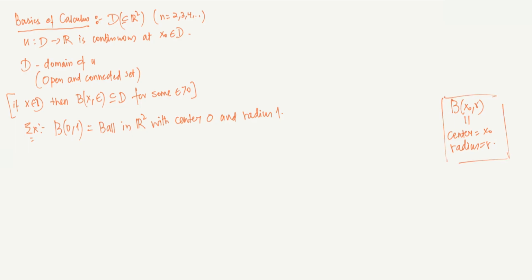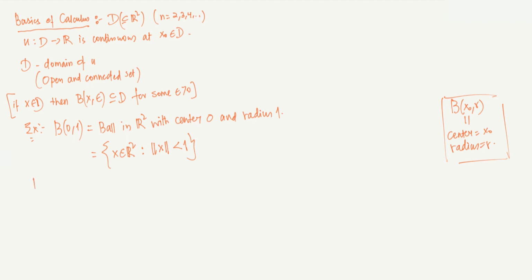Now see this ball. If I want to put it properly in mathematical terms, essentially we are looking for x in R2 such that the norm of x is strictly less than 1.